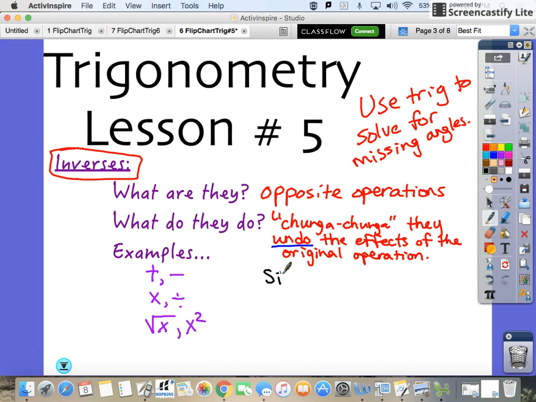So sine and sine inverse, that's how you write inverse sine with this little -1. Then we've got cosine and cosine inverse, as well as tangent and tangent inverse, okay? These operations undo one another. So we're going to do 3 examples, but before we do that, we'll look at what sine inverse looks like.